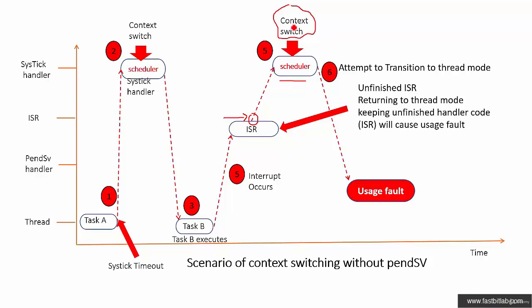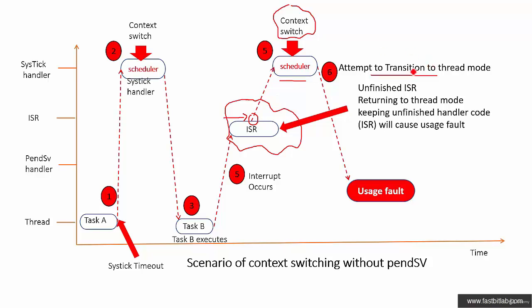What is a task? A task is thread mode code. That means you are attempting to come to thread mode while keeping an unfinished ISR. This is a fault that is not allowed in the ARM Cortex-M processor. You cannot return to thread mode by keeping unfinished handler code, in this case, some ISR handler.